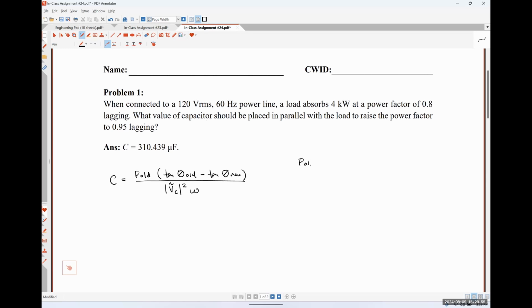So do we know what P old is? Four kilowatts. Exactly right. Because kilowatts is telling us average power. So 4 kilowatts, okay? Do we know theta old?